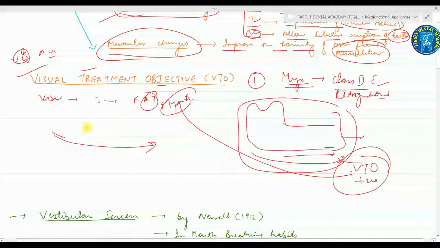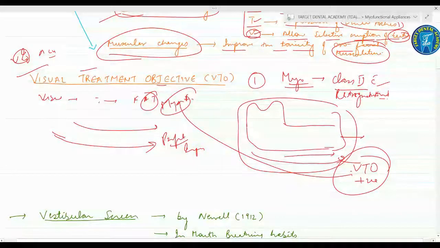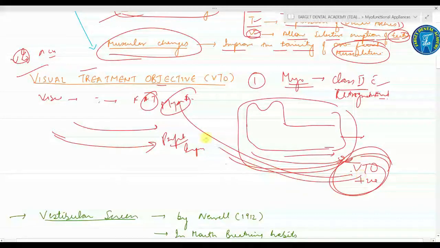If there is an improvement in the profile when the patient brings his mandible in the forward direction, it means the VTO is positive. Then only we treat this case with the help of the functional appliances.